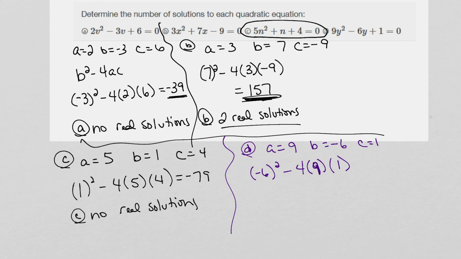Open parenthesis, -6, close parenthesis, hit the square button, minus 4, open parenthesis, 9, close parenthesis, open parenthesis, 1, close parenthesis, enter. And I get 0. What does it mean whenever you have a 0 there? Well, it means that you get 1 real solution.